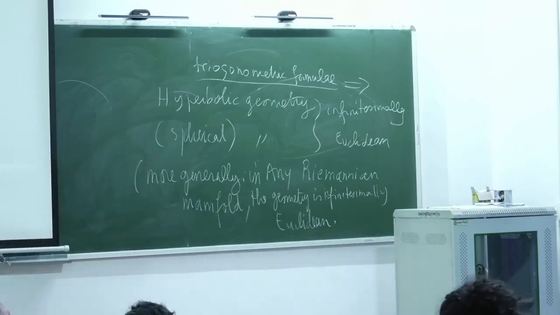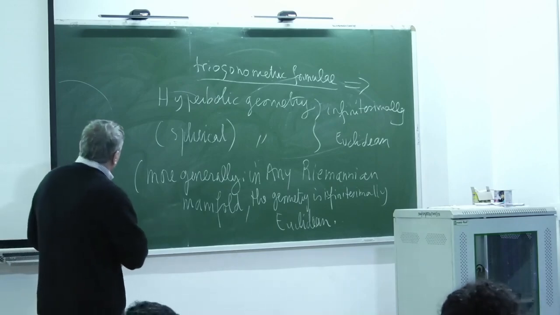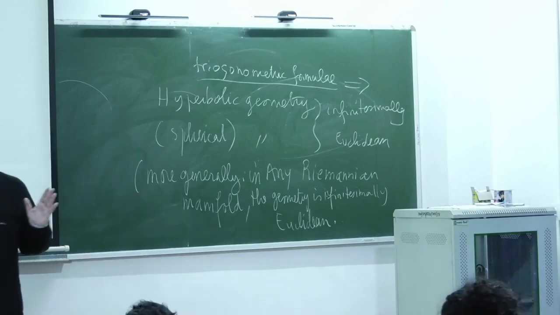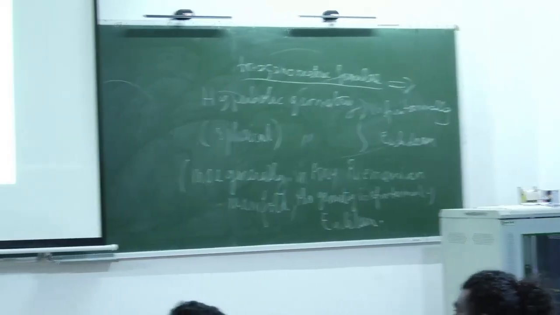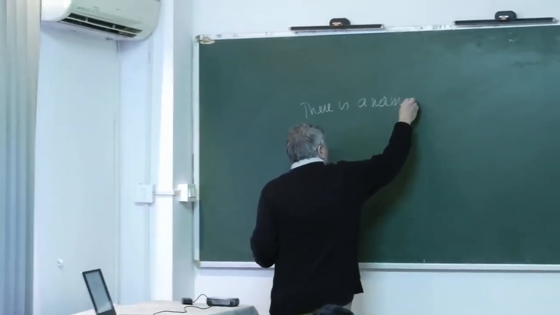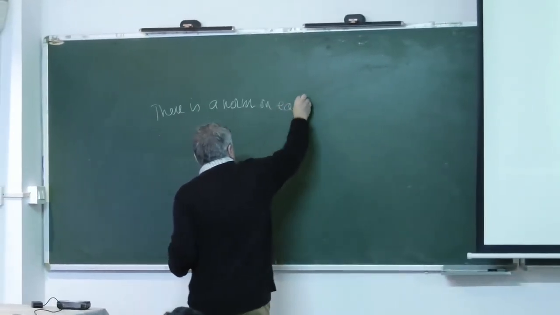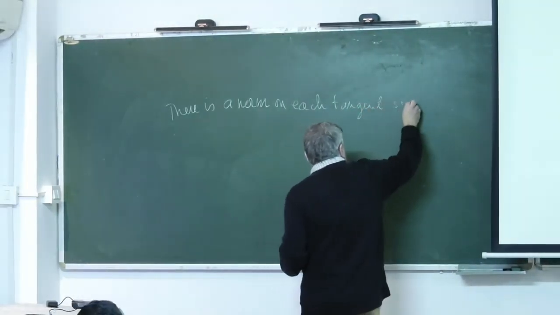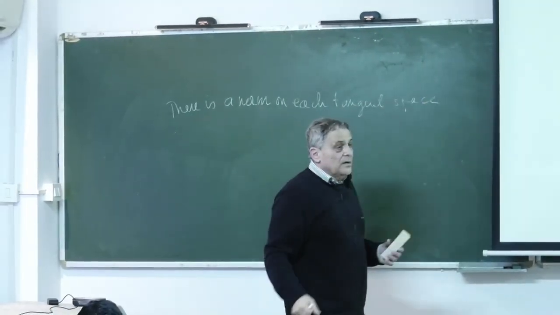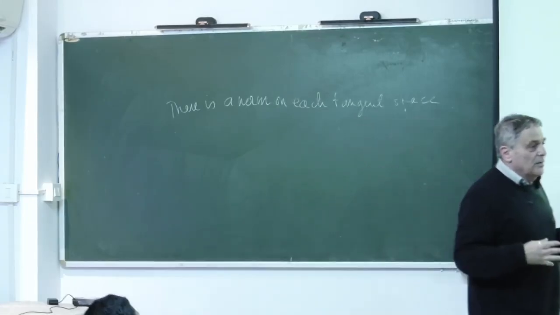In a Riemannian manifold, there's a norm on each tangent space, which is a Euclidean norm.